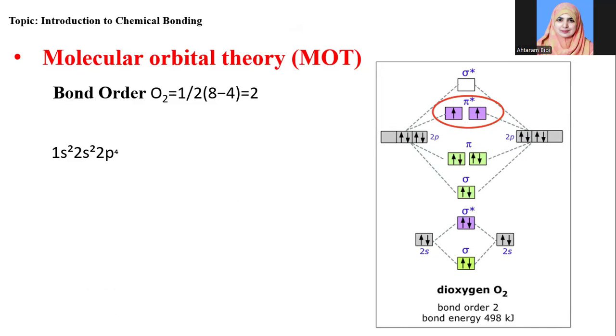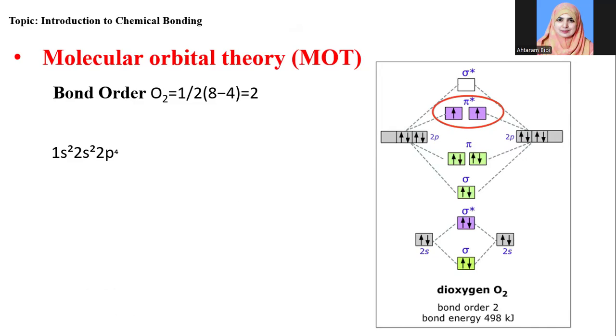And then we see the anti-bonding molecular orbitals. In sigma star there are 2 electrons, and in pi star there are 2 single electrons, so the total number of anti-bonding electrons is 4. So 8 minus 4 is 4, and half of 4 is equal to 2. So it means that oxygen will form a double bond, two covalent bonds.